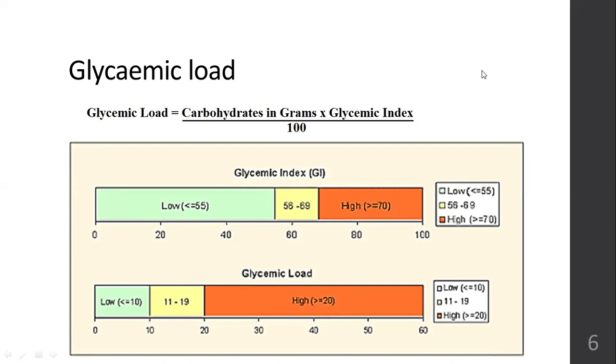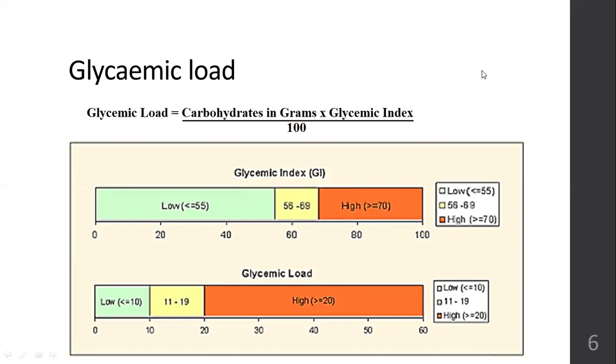So after eating this entire meal, or after having this many grams of a particular food, say 100 grams of basmati rice, how much will be the glycemic load, and how will it change your blood glucose level? That answer you will find from glycemic load. That is the main use of glycemic load.